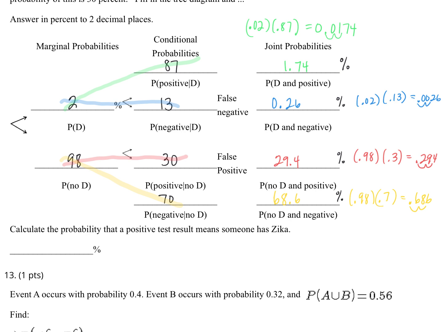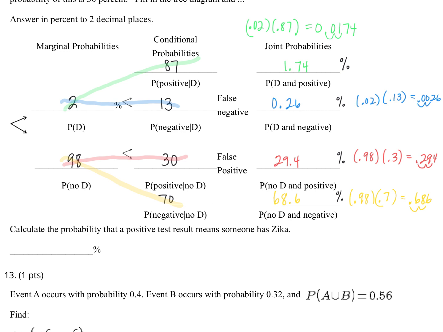Okay, so a positive test result means someone has Zika. So in this instance, we are talking about a positive test result. So let's look at the paths where that can happen.